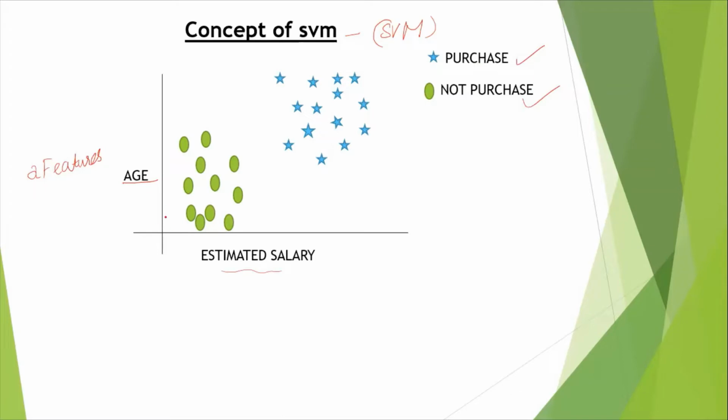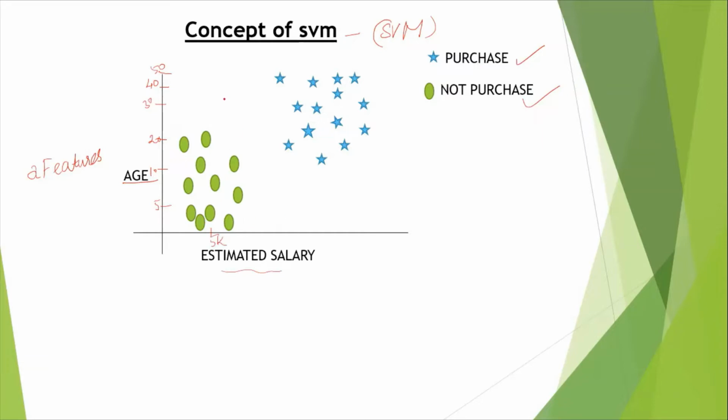So if you see, suppose this is age 5, 10, that way. Mostly provisions buying will be in the hands of the parents. Suppose 30, 40, 50, that way. Here estimated salary is suppose 5K.